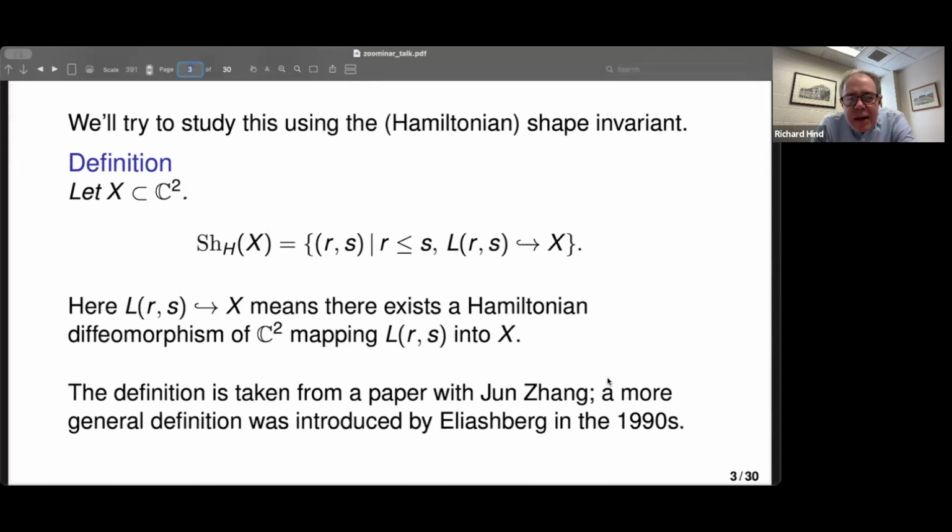This is from a paper with Jun Zhang. Ely Ashberg had a more general definition, I think around '91, where he was just keeping track of area classes of Lagrangians inside general exact symplectic manifolds. For our problem, it's helpful to keep track of Hamiltonian isotopy classes, so there's a little bit more information there.